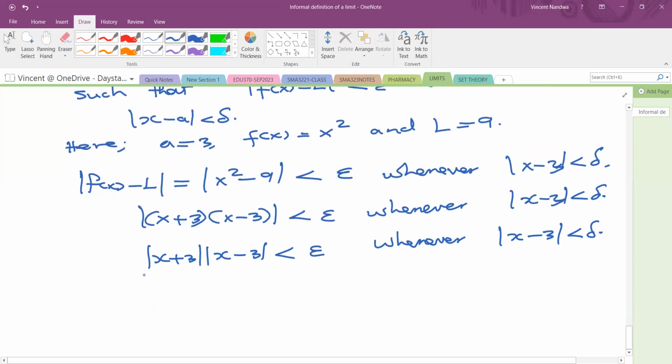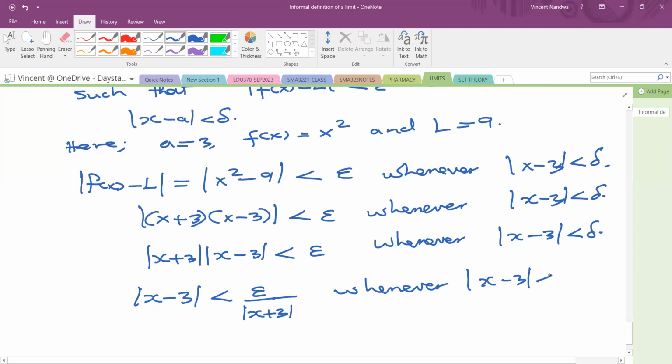And then this means absolute of x minus 3 is less than epsilon over absolute of x plus 3 whenever absolute of x minus 3 is less than delta.